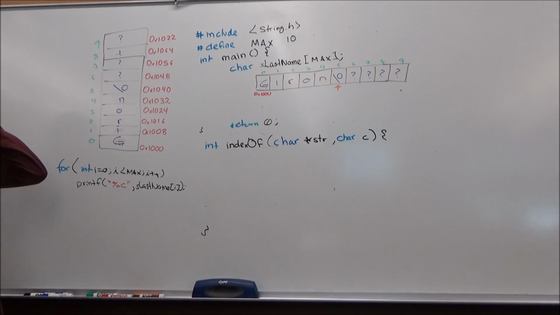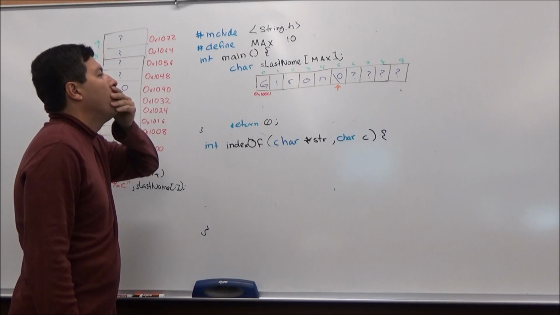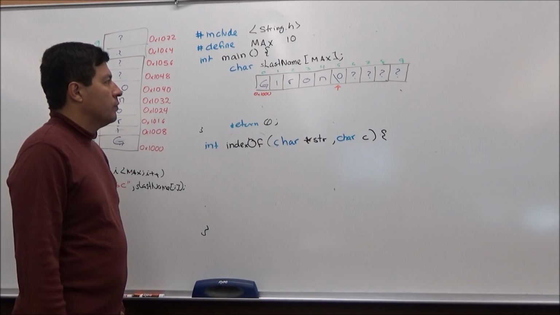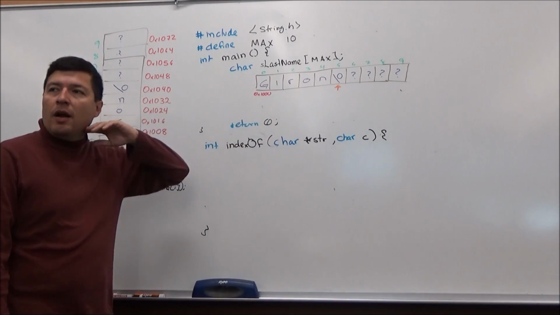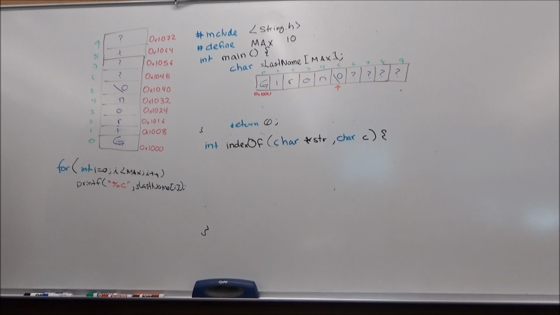So basically I gotta parse the array from left to right. Let's say I'm looking for the letter R in here. You can see it's there.